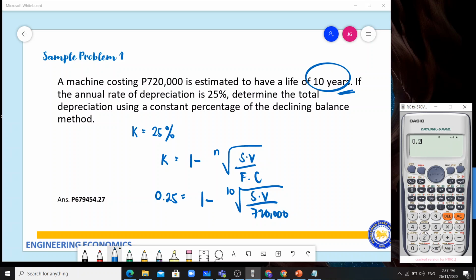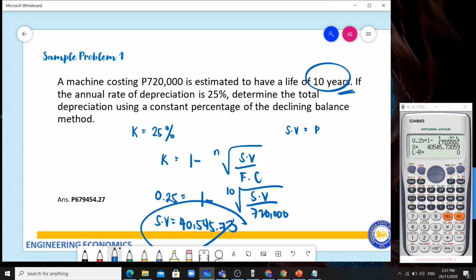So 0.25, 1 minus the 10th root of X over 720,000. Shift solve. Okay. So we have a salvage value of 40,545.73.